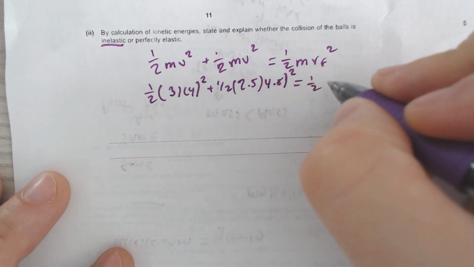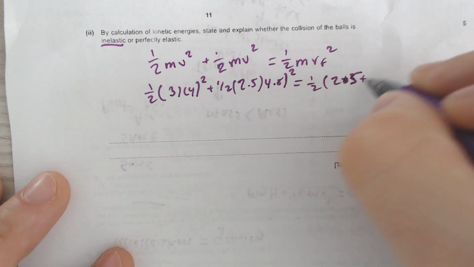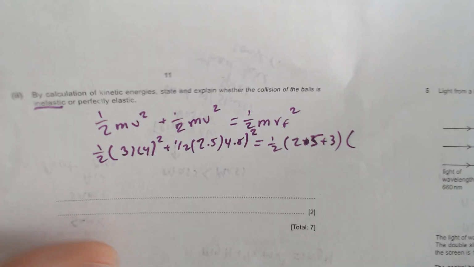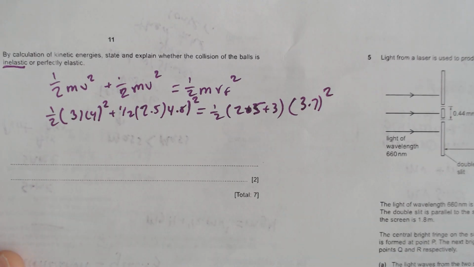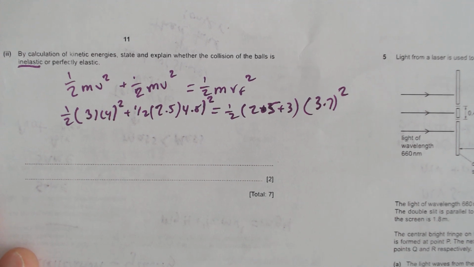How does that compare to 1/2 of 2.5 plus 3 times their final velocity squared, which was 3.7? And those don't equal, therefore, they are not considered perfectly elastic.